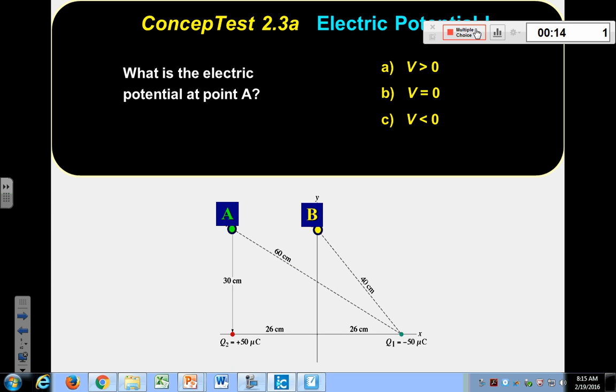Is it greater than 0, equal to 0, or is it less than 0? Stopping at 50. Just 5 more seconds.